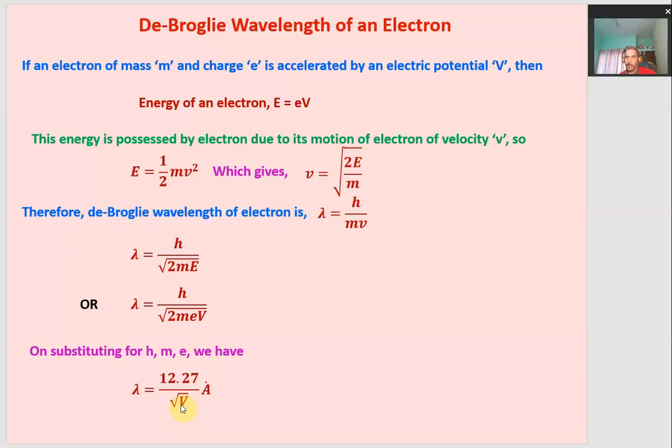So the wavelength of the electron depends upon the potential by which it has been accelerated. If V is 100, then the wavelength associated with the electron will be 1.227 angstroms. In similar steps, we can calculate the wavelength associated with any material particle, whether it is charged or not. We only need to know its energy and its mass.